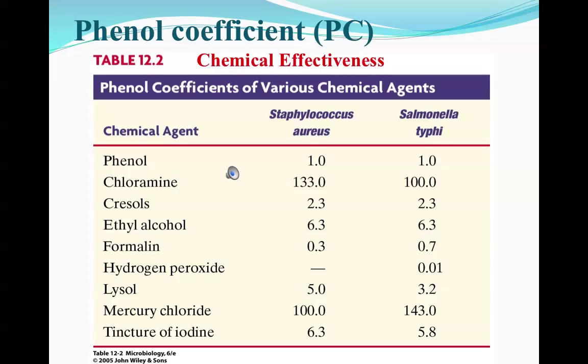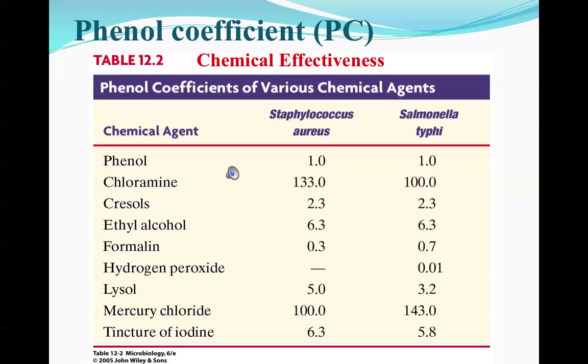So take a look at things like chloramine and mercury chloride. Those are very effective disinfectants. They're very effective at killing. Then look at formalin. That almost doesn't make any sense. We know that formalin is a fixative. If you place cells in formalin, they'll be dead in a short period of time.